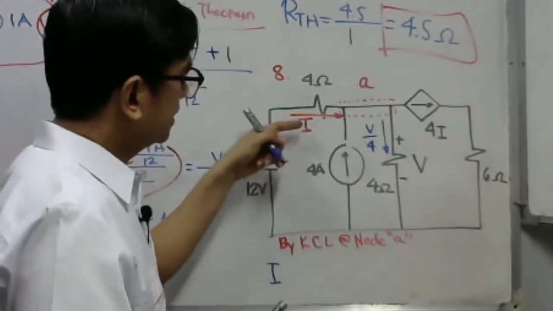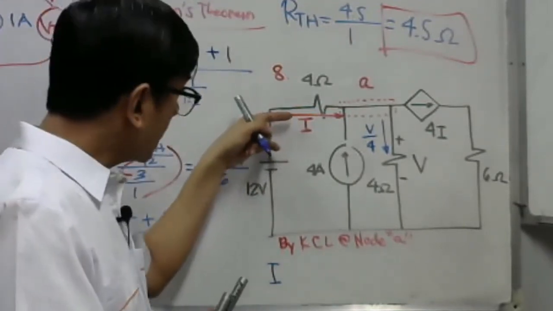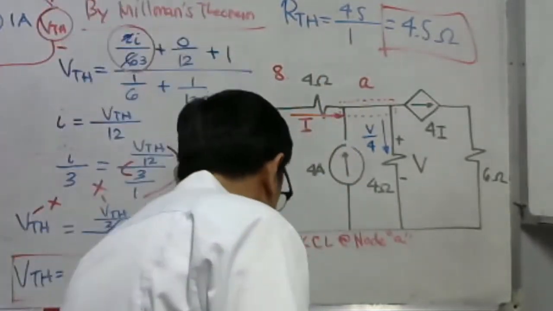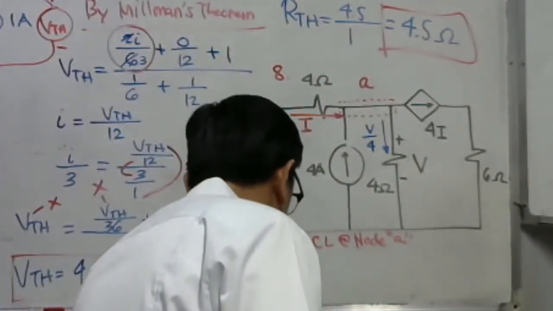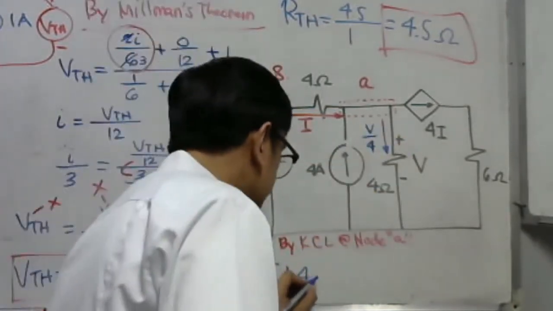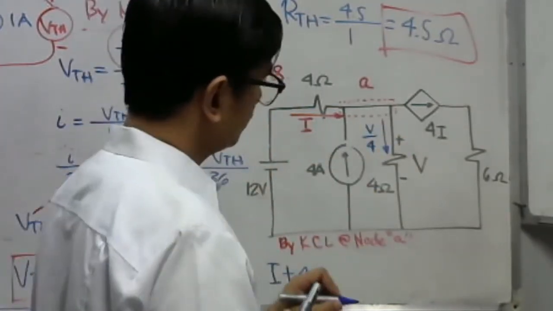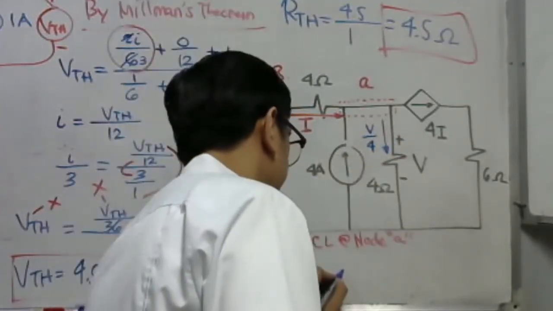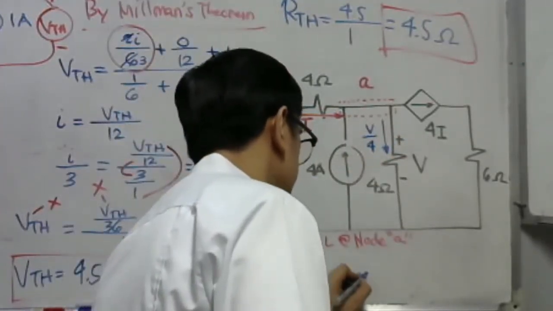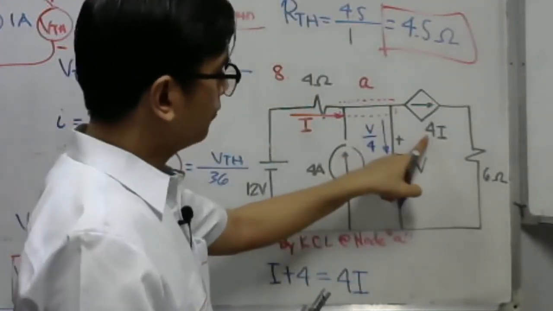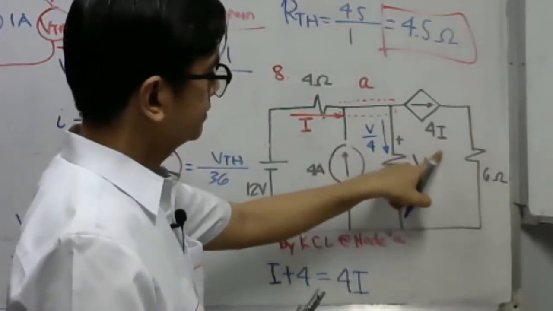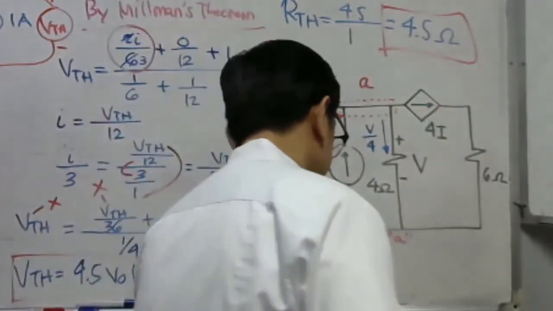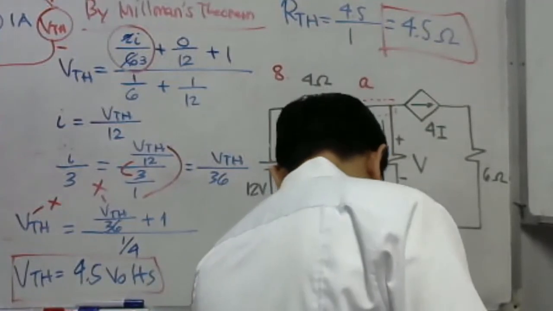The current entering is simply our I, and also our 4 ampere, plus 4. And the current leaving is what now? 4I. That is our 4I current leaving, and also this V over 4, plus V over 4.